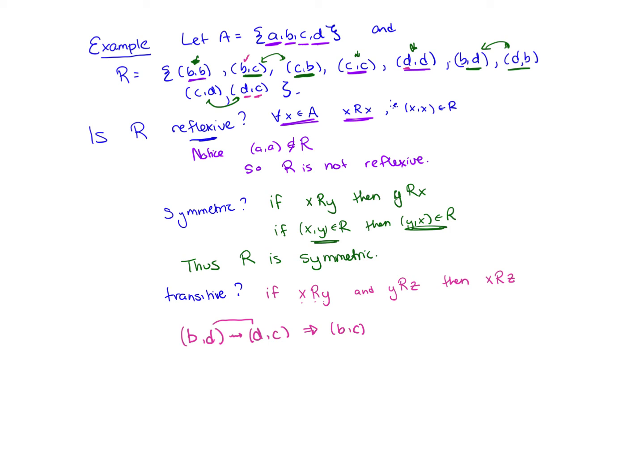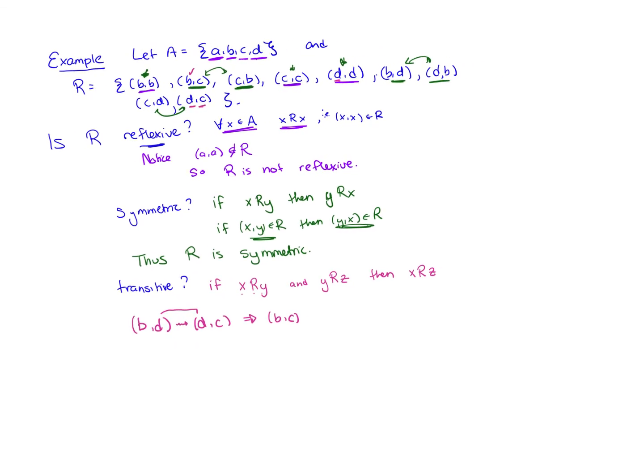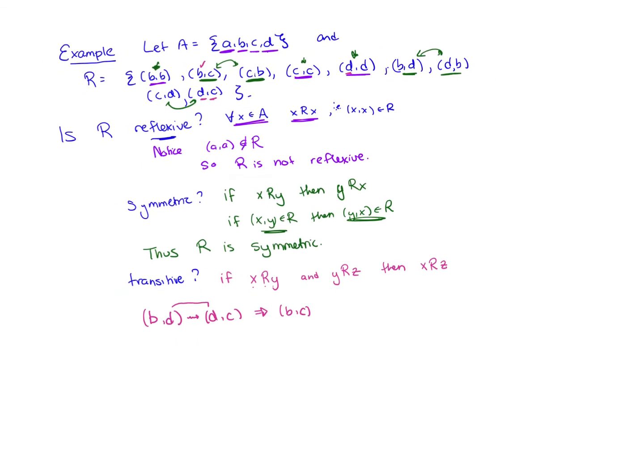This one's harder to check because there are so many things to look at. So sometimes if we draw out this graph relationship, which we talked about, then we can visualize this better. So let's go ahead and graph this out. I'm going to plug my letters in here.